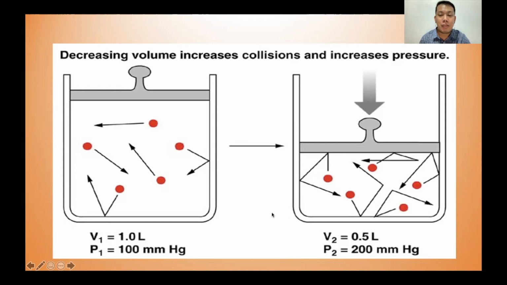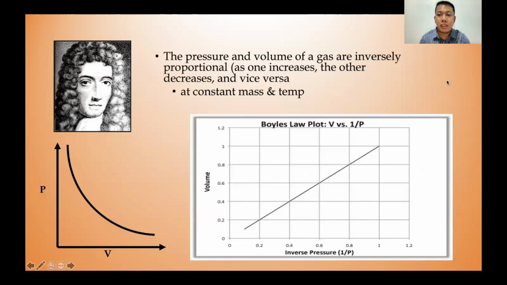So this is an example of Boyle's law. The pressure and volume of a gas are inversely proportional, meaning if one is increasing, the other is decreasing, and vice versa, assuming that there is a constant mass and temperature.